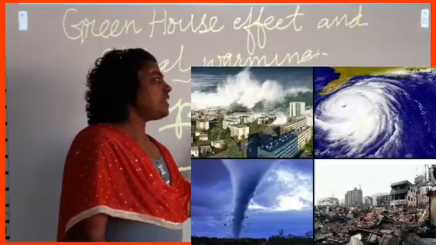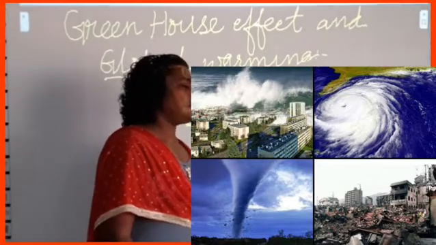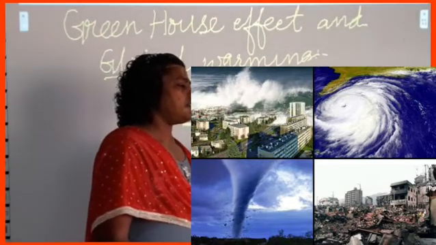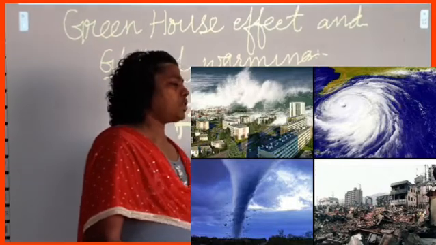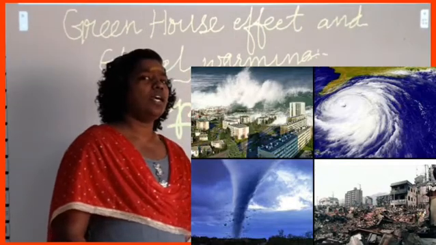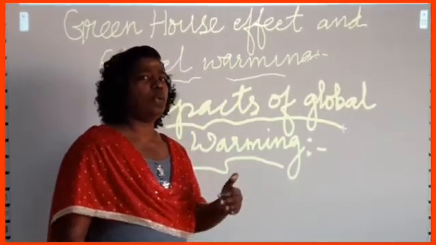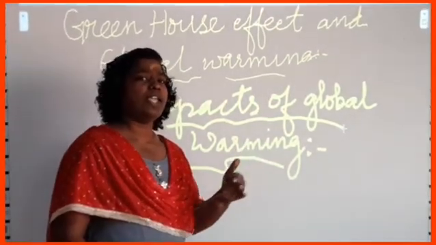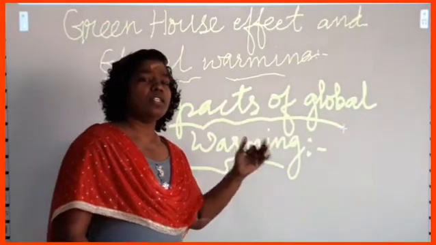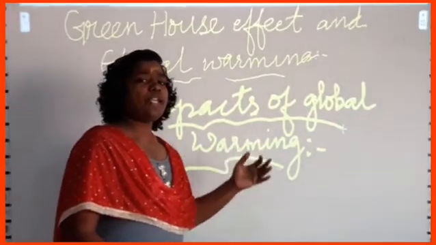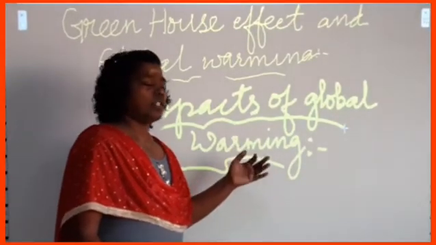When the temperature increases, what happens? The changing temperature causes changes in the flow of ocean currents. When the flow of ocean currents changes, what will happen? It may affect again the seasons, the weather patterns. It may affect the earth again.